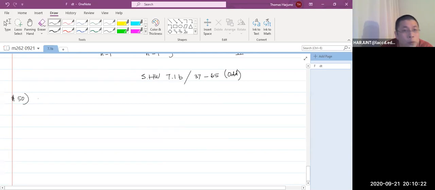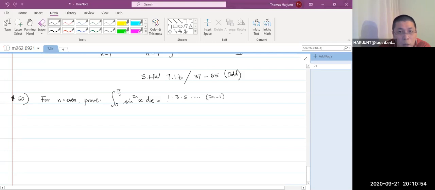Prove that for n equals even, that integral from 0 to pi over 2 of sine to the 2n of x dx is equal to 1 times 3 times 5 all the way to 2n minus 1 over 2 times 4 times 6 and on, this is 2n, times pi over 2.